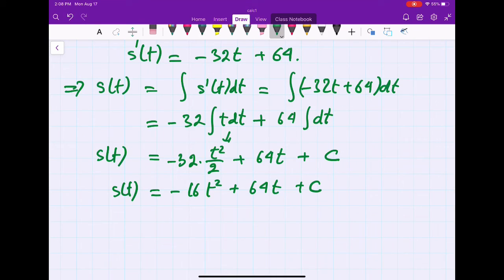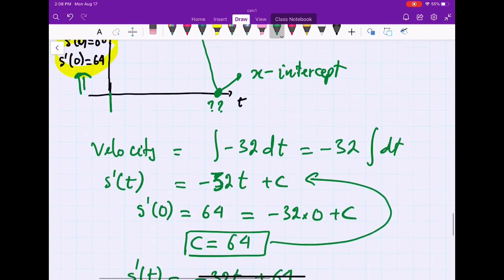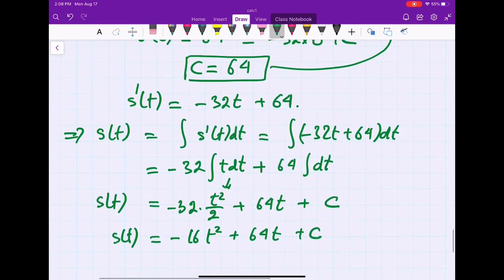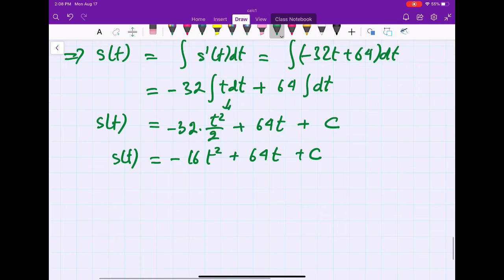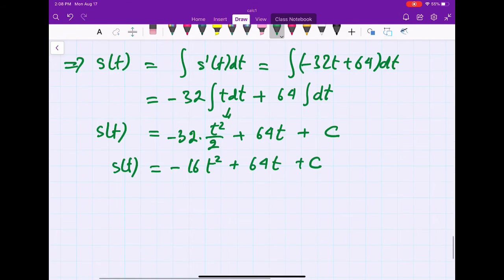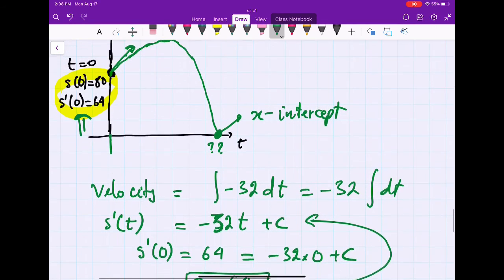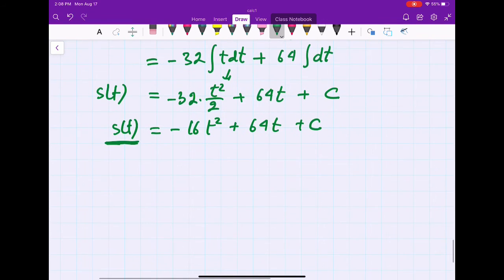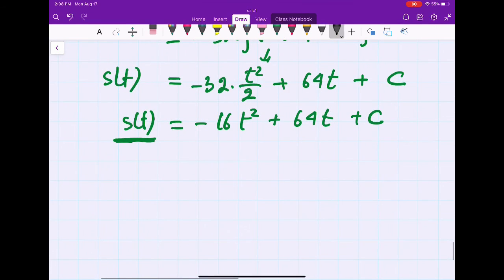So this is a parabola, you see. In order to find this c, I need to use the initial condition for this function, I mean the initial height, which is equal to 80. So I plug t equal to 0 into this expression. I get s of 0 equal to c, because all the other terms are 0.